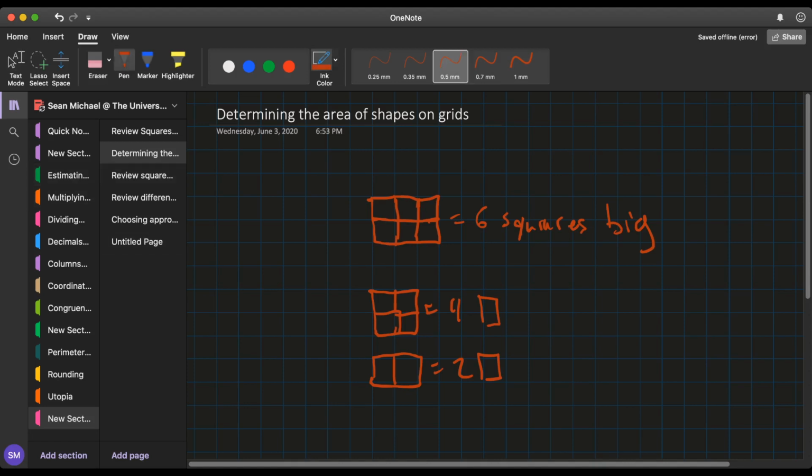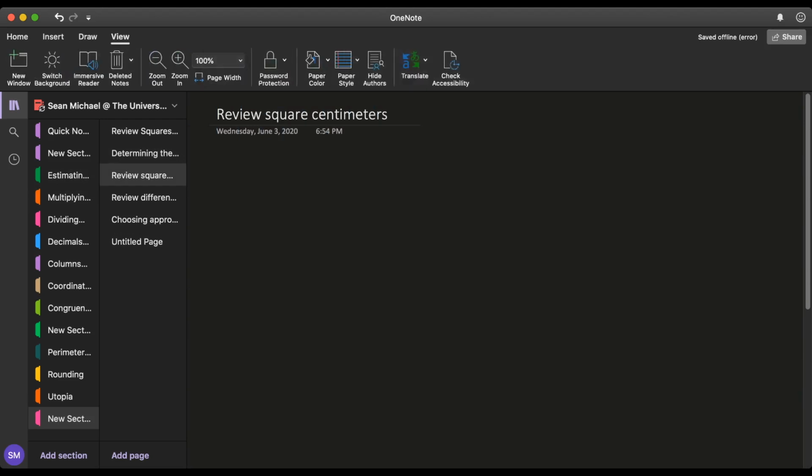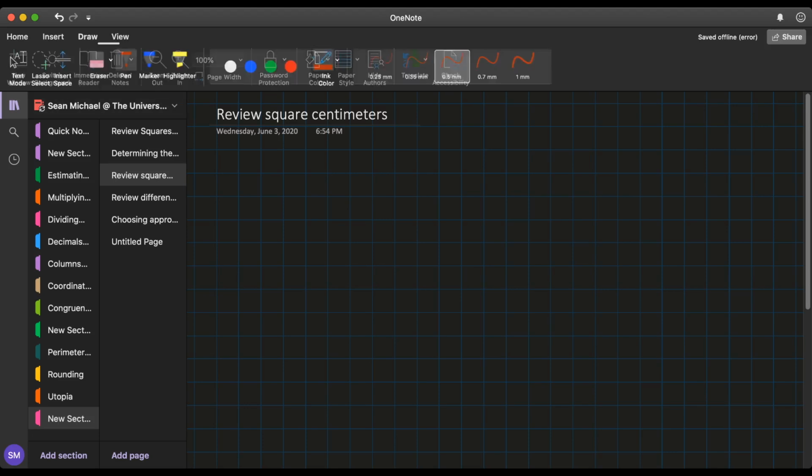So I think before you guys did learn about this idea of square centimeters. So square centimeters are a unit that we can measure like this, or we write down at least.